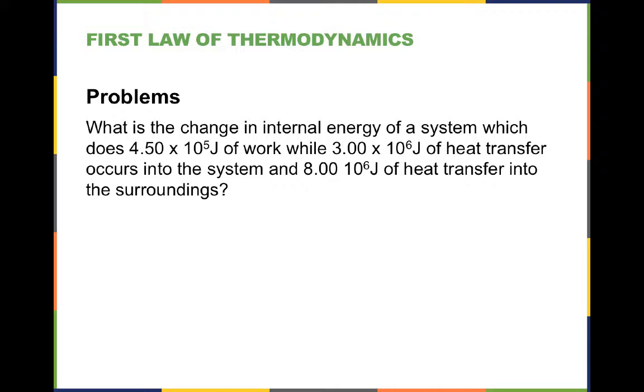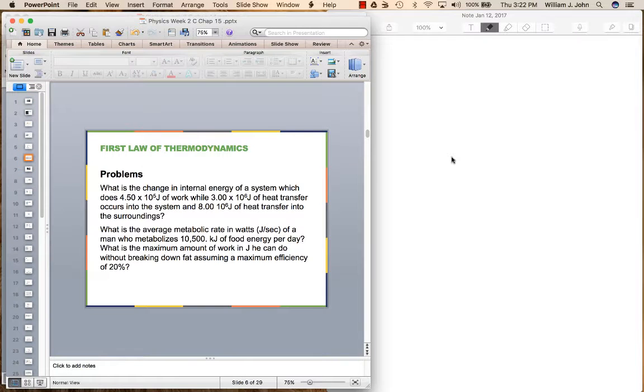The first problem is shown right here, and what we have is: what is the change in internal energy of a system which does 4.5 times 10 to the positive 5 joules of work, while 3 times 10 to the 6 joules of heat transfer occur into the system, and 8 times 10 to the 6 joules of heat transfer into the surroundings.